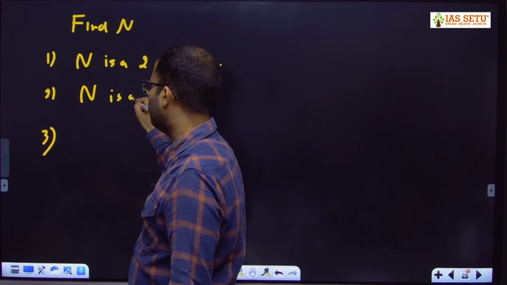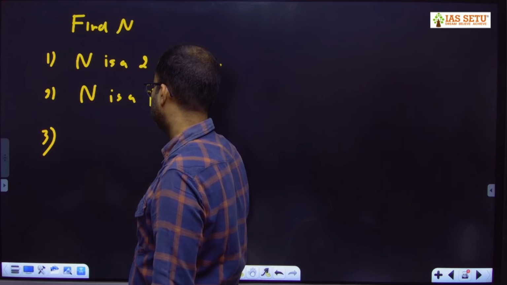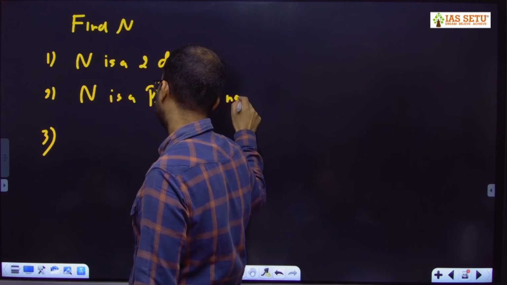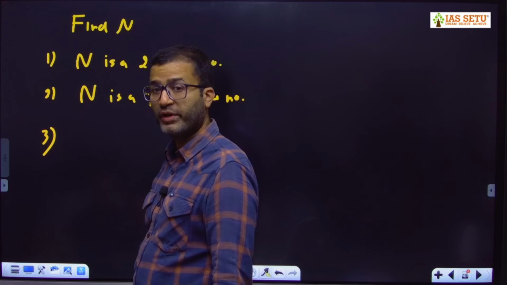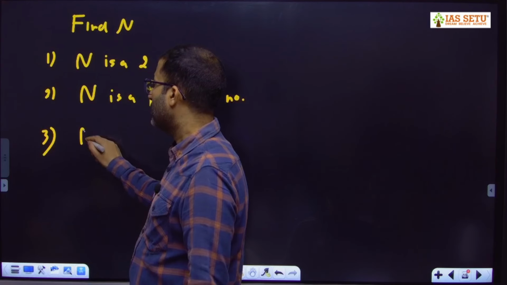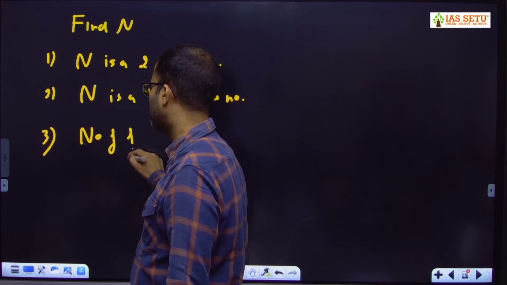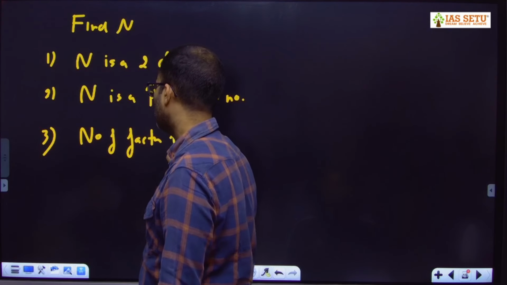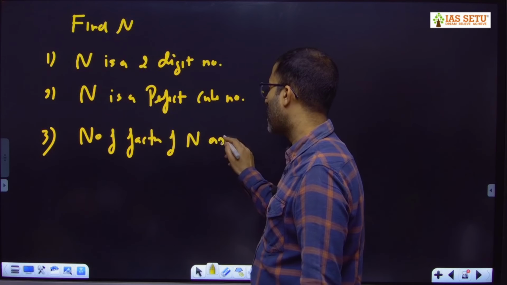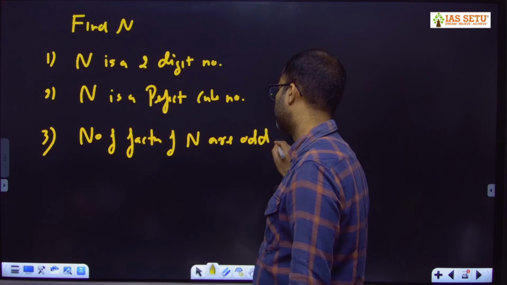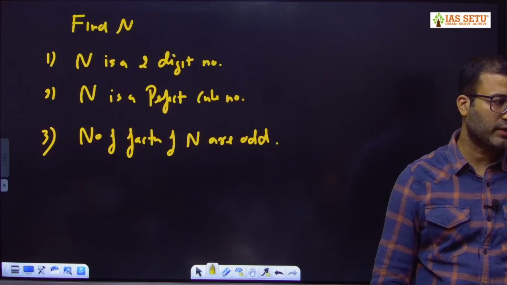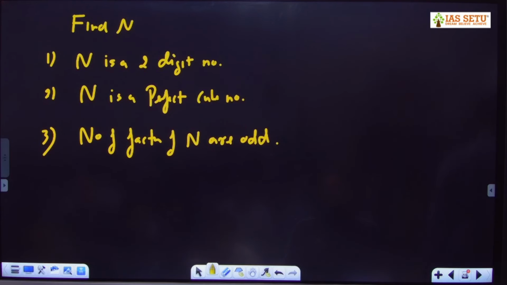N is a perfect cube number. Third information is number of factors of n are odd. Tell me what is n.